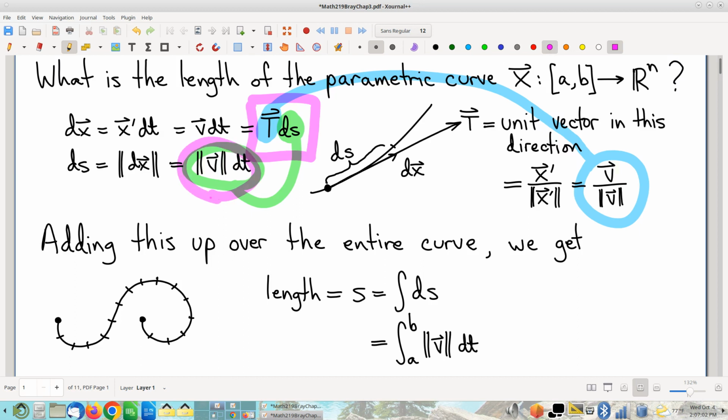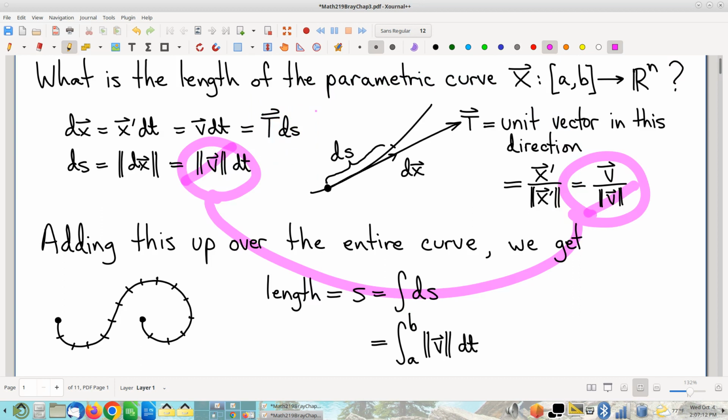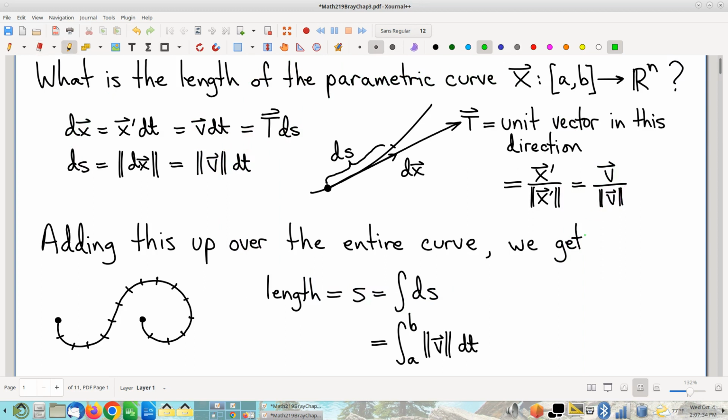When you multiply this times that, these magnitudes cancel, and let me clean this up. What you get is v dt, which is dx. Everybody happy? So if you want to take this kind of more formula algebraic point of view, this is a good way to do it. For intuition purposes, I really like this idea that T ds is just direction and magnitude of the dx vector.